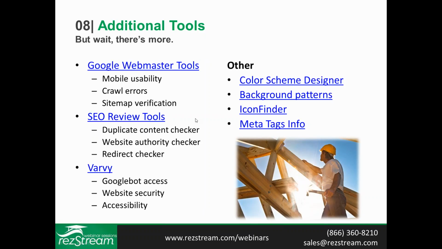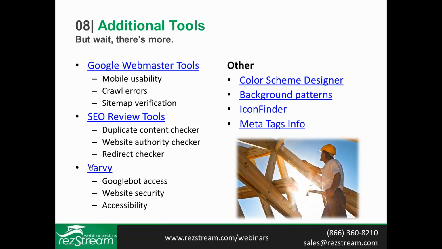The other tool here is the SEO review tools. This particular website has a variety of different tools that allow you to check for duplicate content, which can hurt you in your search engine results and your rankings. Look at your website authority to see if you've got the right authority to really move the program in the direction that you want. Take a look at your redirects to make sure that your pages are coming through with the valid response code that is needed for Google to be able to validate those pages.